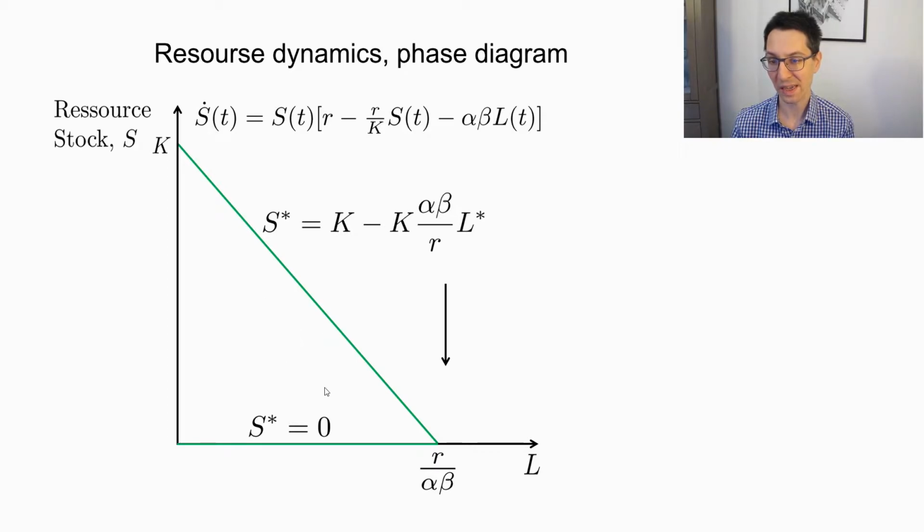So on that side, if S goes down, then it will have a tendency to go back up again. Same thing if L goes down, it means that I have fewer islanders that harvest, so it will be good for the stock of the resource, so S dot will be positive. So I can indicate this with an arrow there.